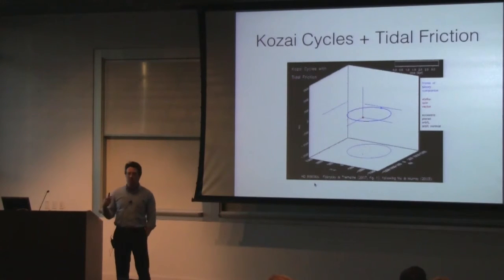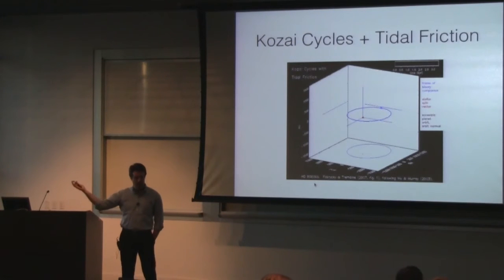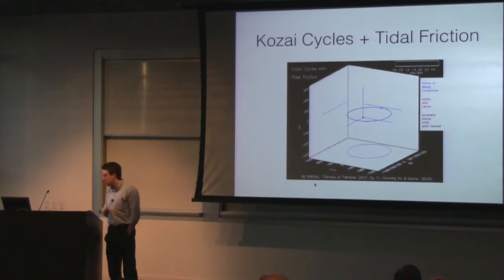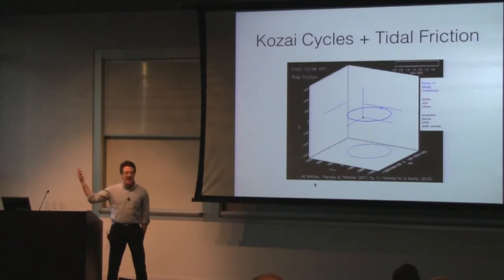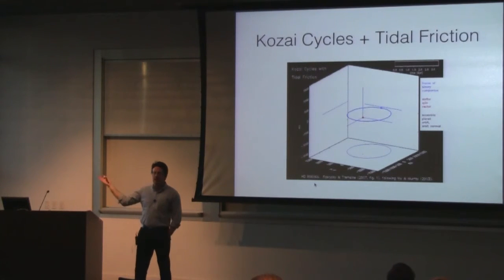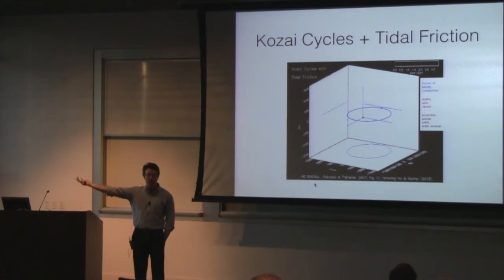Kozai cycles operate whenever there is a distant object that perturbs the gravitational potential of the star-planet system. And in Fabrycky and Tremaine's paper, that distant object was a star, a binary companion to the planet's host. Those binary companions live at very large distances. The ratio of the distance to the planet and the distance to the star is big.